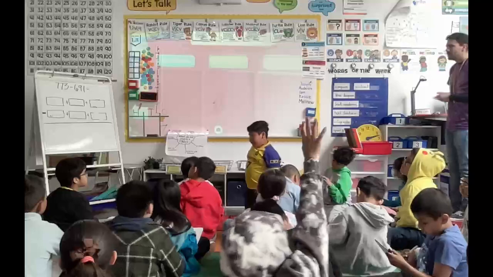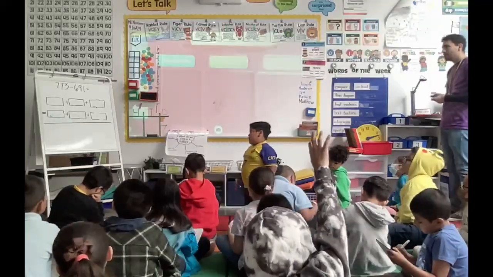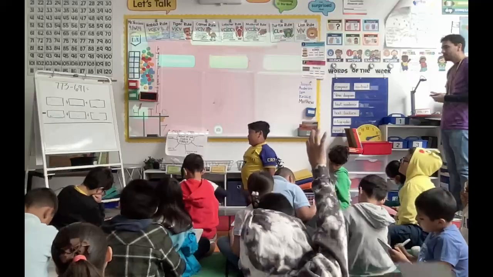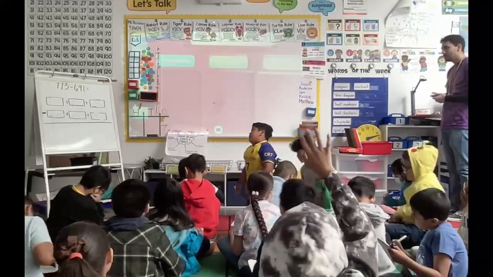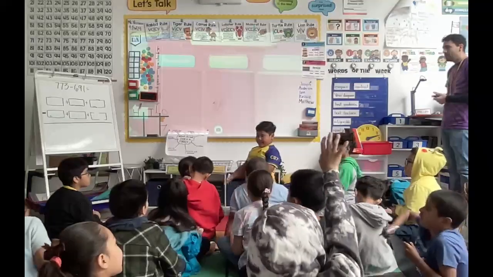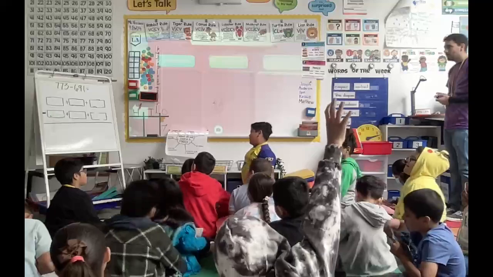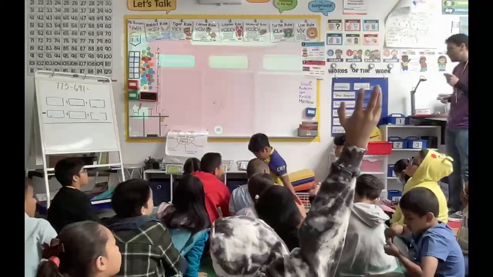Say it again. From the beginning, Jonathan. 600 plus 90 plus 1. Awesome. All right.